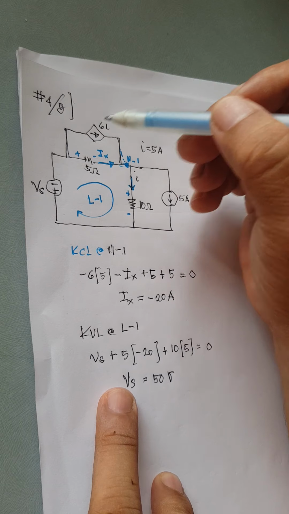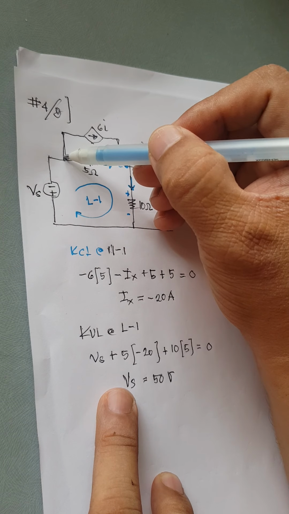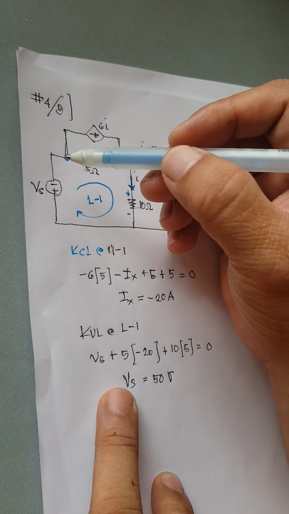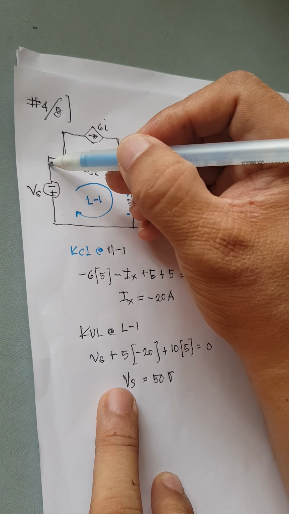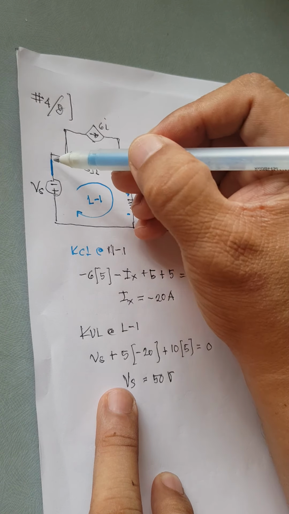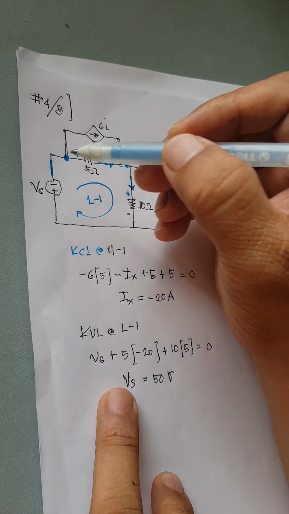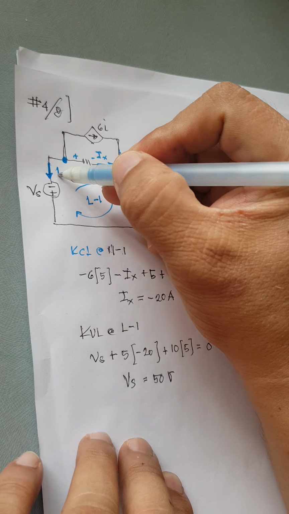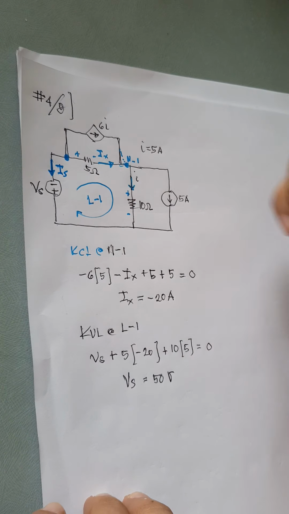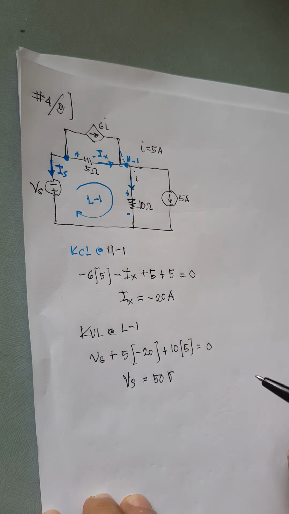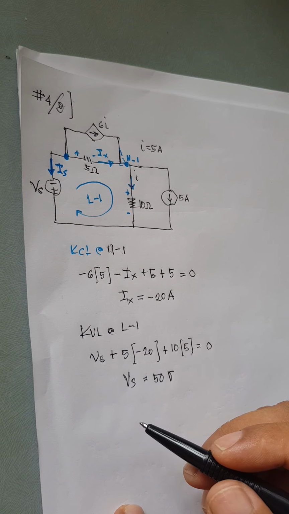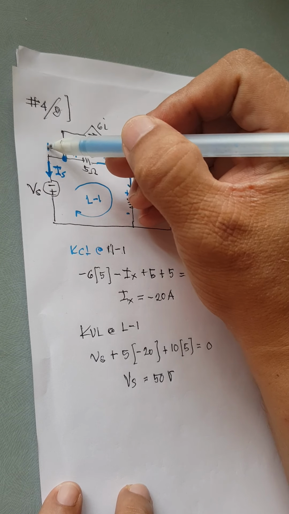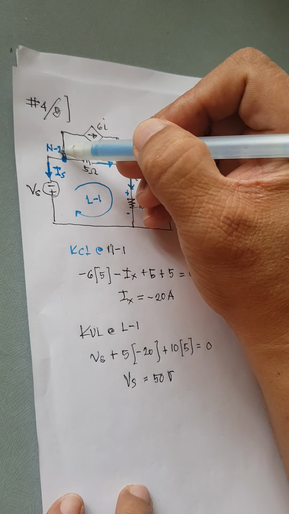So let us take this node, and let's assume that the current is going towards down. Why? Because it's supposed to absorb power. Let us call this IS. I mean, deliver power, I'm sorry. So let us get IS by performing KCL at node 2.